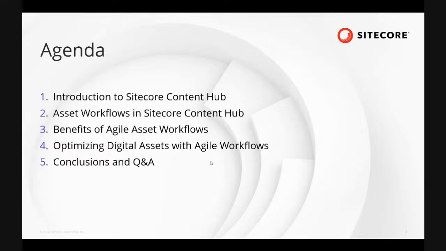We'll talk about the benefits of going more agile with asset workflows, and then specifically about state flows, which I think is a very new and innovative way of working with assets. Then we'll look at how we can optimize our digital assets with such agile workflows, leveraging state flows. The final part of our agenda is drawing some conclusions from my findings, and if there are any questions, I can answer them at the end.